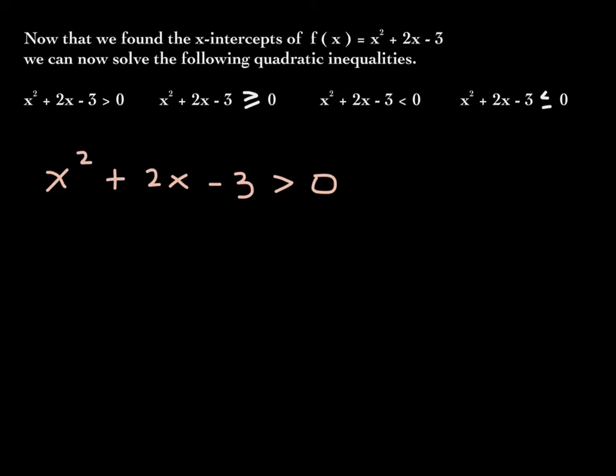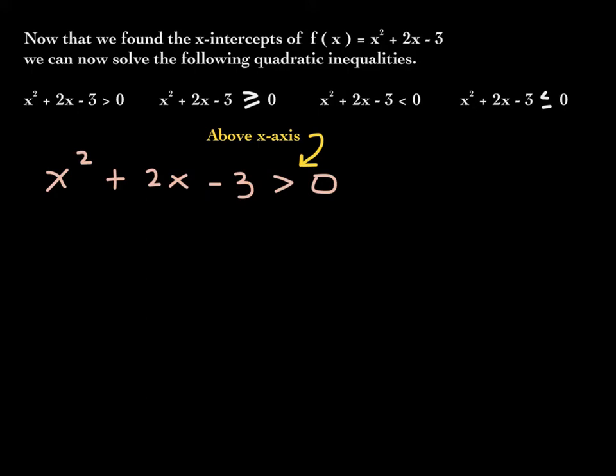So this is really asking you, graphically speaking, when is this parabola above the x-axis? Okay, so keep that in mind when we sketch a rough picture of what's going on. All right, the next thing I would like for you to consider is, what is the direction of this parabola?